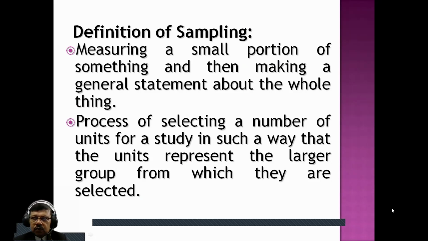That means we are using a representation based upon which we are drawing a conclusion about the whole lot. Process of selecting a number of units for a study in such a way that the unit represents the larger group from which they are selected.